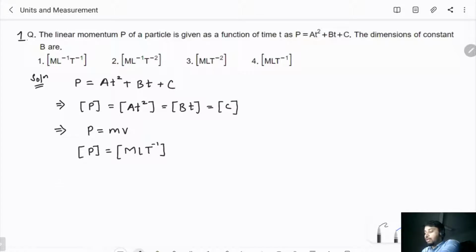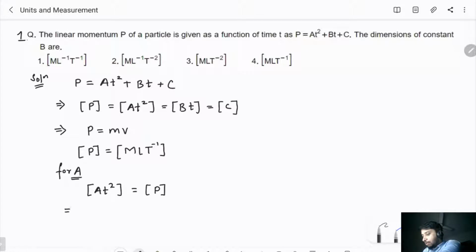Now let us find the dimensional formula for A. The dimension of at square will be the same as the dimension of momentum p.